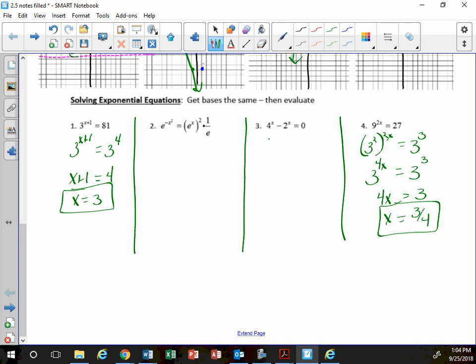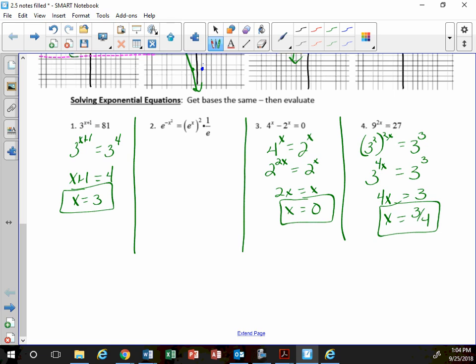Okay. This one, move the 2, not 4x, 2x. Move the 2 to the x over. Set your exponents equal, and we just get x equals 0 for that one. Fine there?